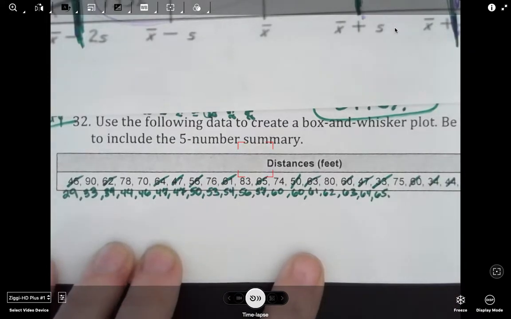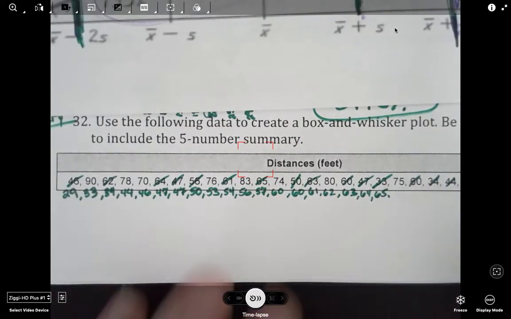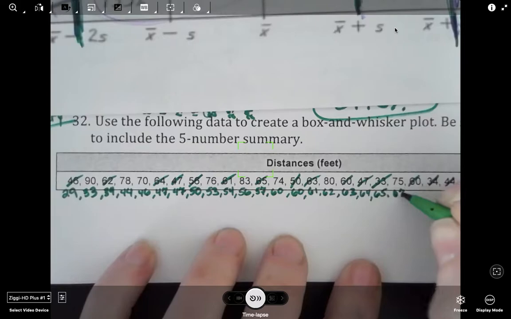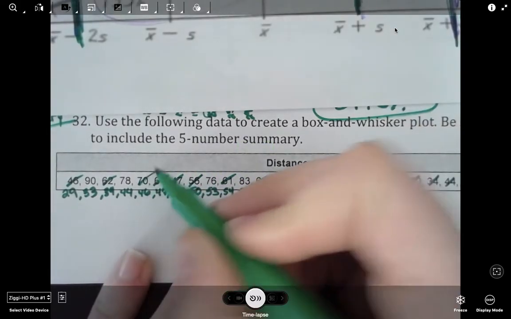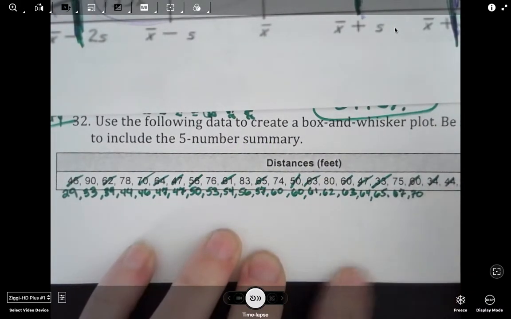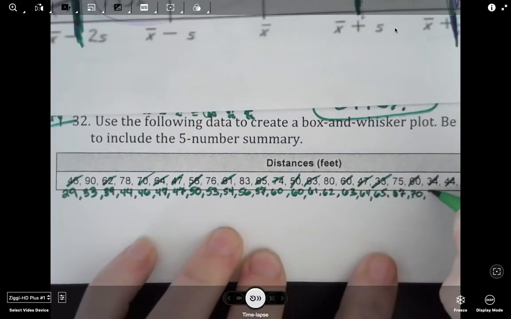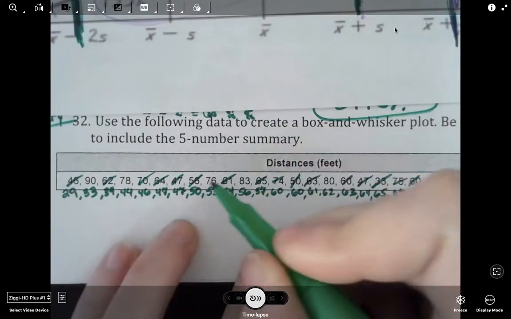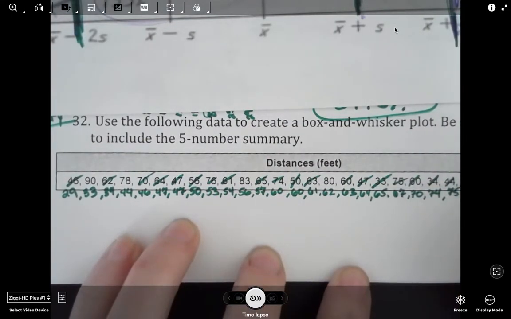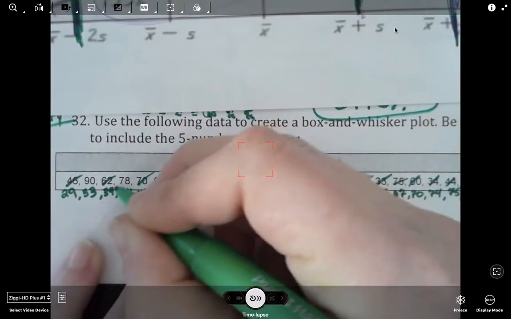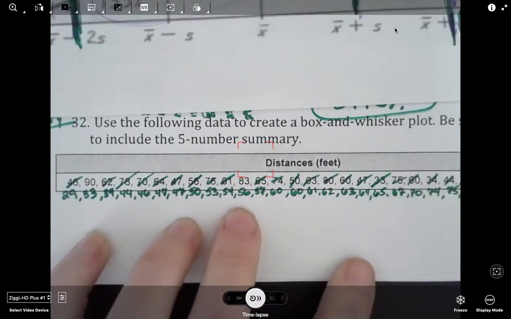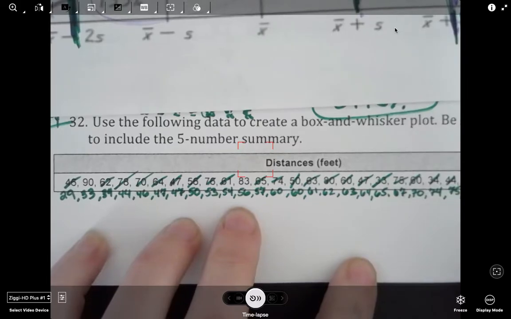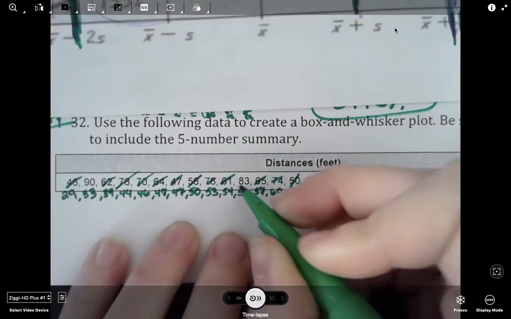Am I going too fast? No. 67, 67, 70, 70, 74, 74, 75, 75, 76. 76, 78, 78, 80, 80, 83, 83, and 90, right?